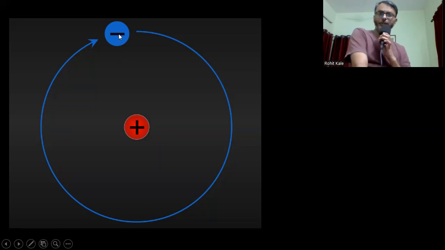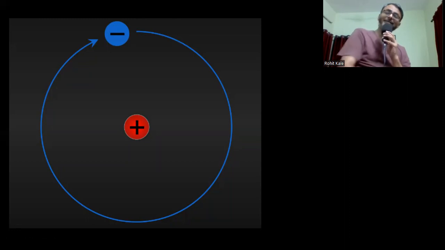Its further descent is prohibited. We know from Newton that if there is a force directed in this direction, there has to be some force directed in the opposite direction to prevent its fall. If this second force, opposite to the attractive force, is not present, then the electron will keep falling down. But we know that doesn't happen. So how exactly is it that at the first atomic orbital, the electron stops?